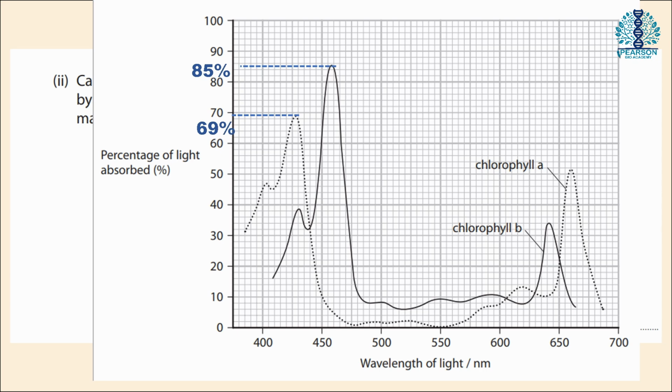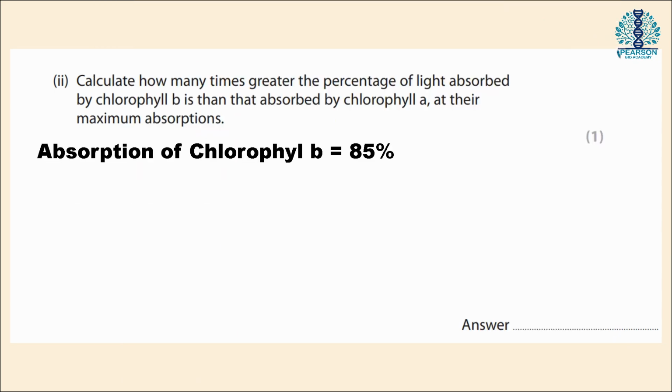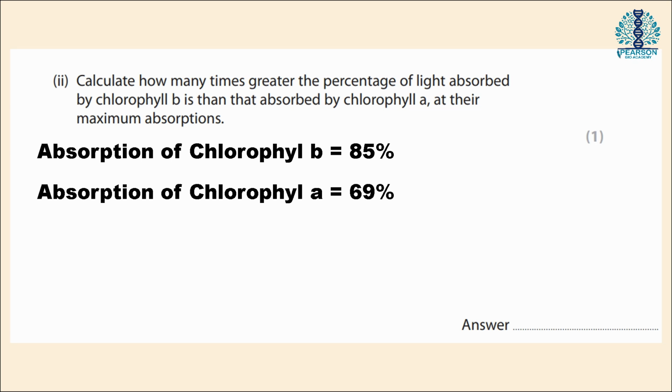To find out how many times greater, we will divide the absorption of chlorophyll B by chlorophyll A, and it's 85 divided by 69. So the final answer is the percentage of light absorbed by chlorophyll B is 1.23 times greater than that of chlorophyll A at their respective maximum absorption points.